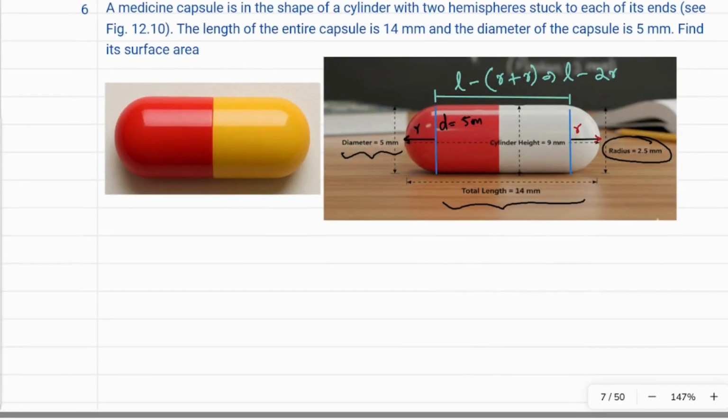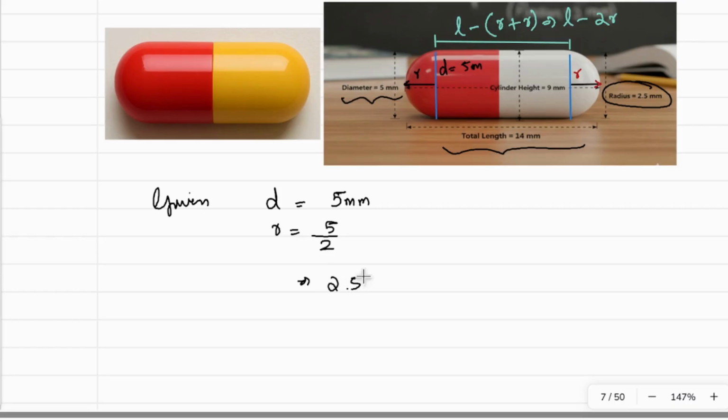Given diameter D equal to 5 mm, and therefore, radius will be equal to 5 by 2, which is equal to 2.5 mm, right? I got my radius from here till here. The radius R is equal to 2.5 mm. Clear? Now we have to find the length.